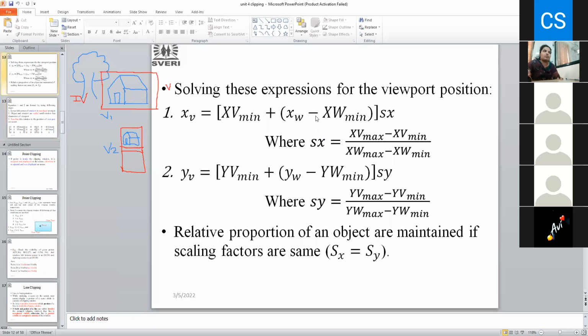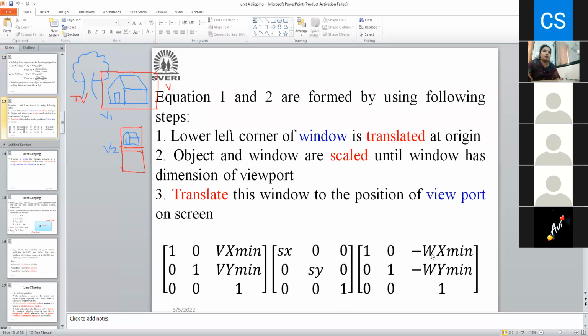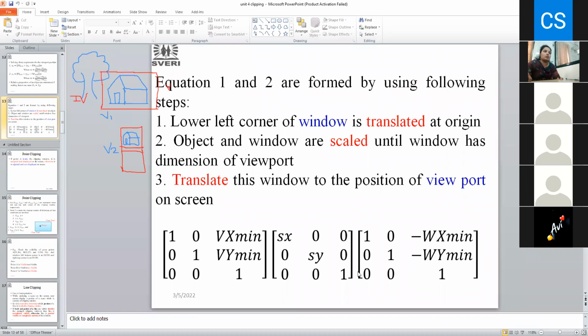And you are subtracting xw min, yw min, and that's why here we perform subtraction of wx min and wy min. So this is the overall transformation required for converting the window coordinate system into the viewport coordinate system.